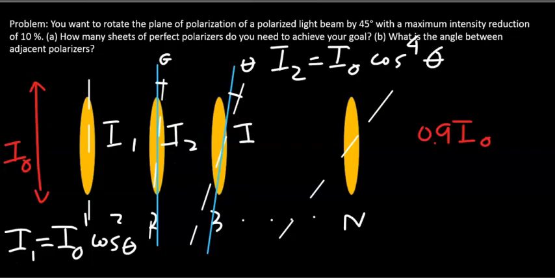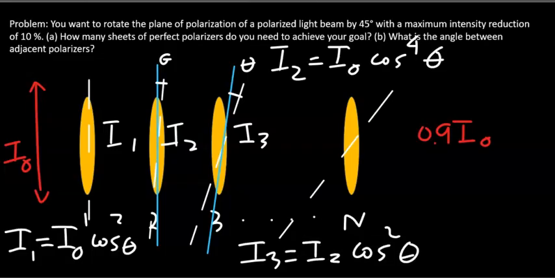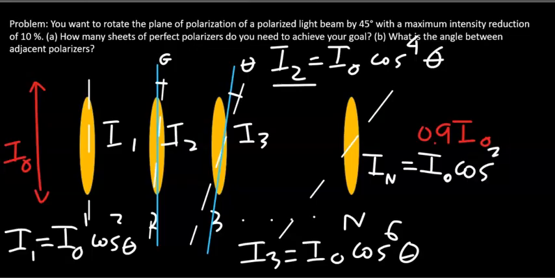Now what comes out through the third is I3 equals I2 cosine squared theta. Using the expression for I2, we get I3 to be I0 cosine to the power 6 theta, and so on. With such a trend, we see that what comes out through the nth polarizer is quite simply I0 cosine to the power 2n theta.